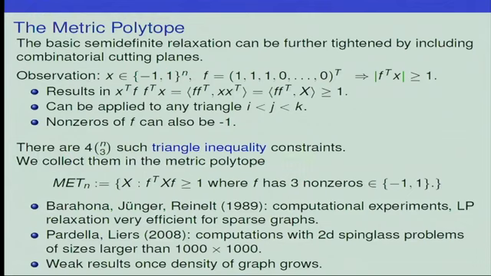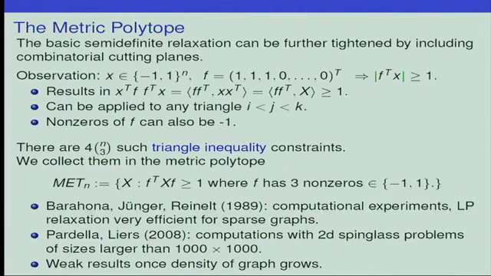Focusing on the computational aspect, there were some experiments done by Barahona, Jünger, and Reinelt in '89 showing that optimizing over this, from an LP perspective, is a linear optimization problem and can be very efficiently done for sparse graphs. Okay. So now it really depends on how many edges you have in this graph.